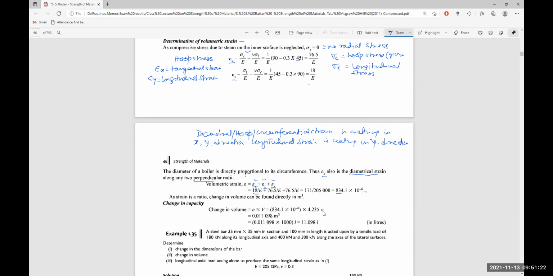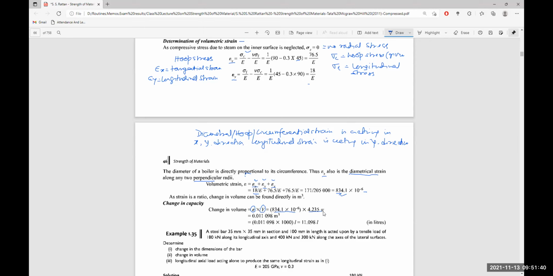Now, as the strain is a ratio, the change in volume can be calculated directly in cubic units. What is the change in volume? The strain multiplied by the original volume itself. Strain we have just calculated, and volume you have already calculated as 4.2355.